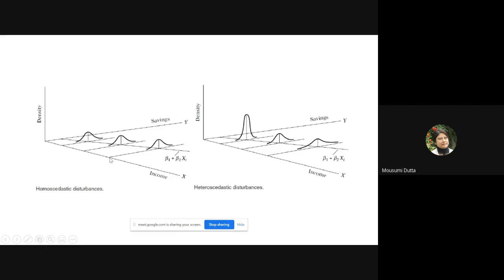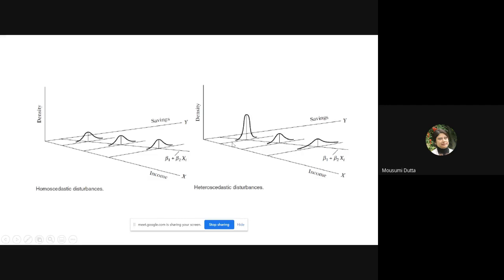Along this axis, we are measuring the probability density. You are finding that both the height as well as the breadth of the normal curves, that is the distribution of the scatter around the line, are very similar as we are changing the income level from this point to this point to this point, etc. However, if we consider the second diagram, we are finding that both the spread as well as the peak, everything is changing.